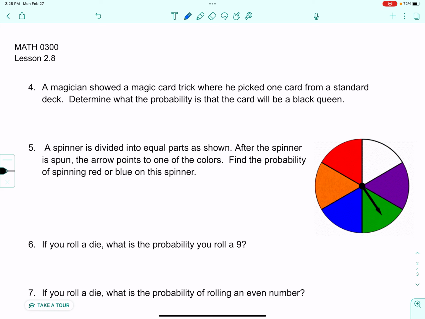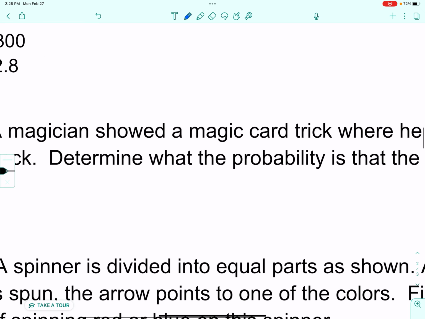One of the more common problems in probability involves decks of cards. In case you need a bit of a refresher, a standard deck is 52 cards.